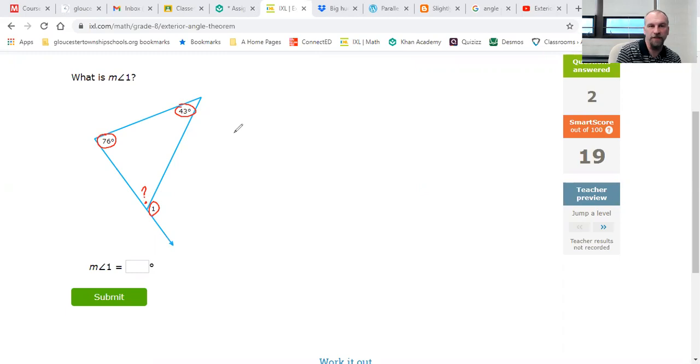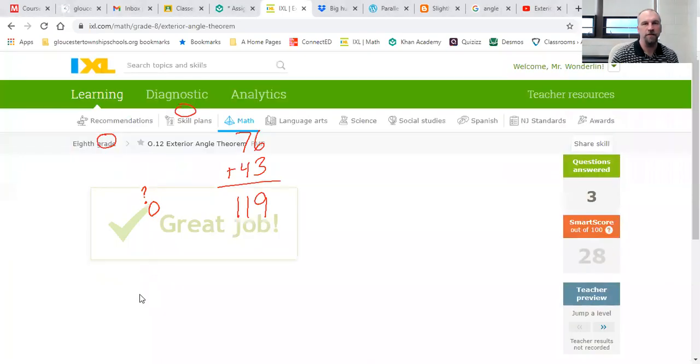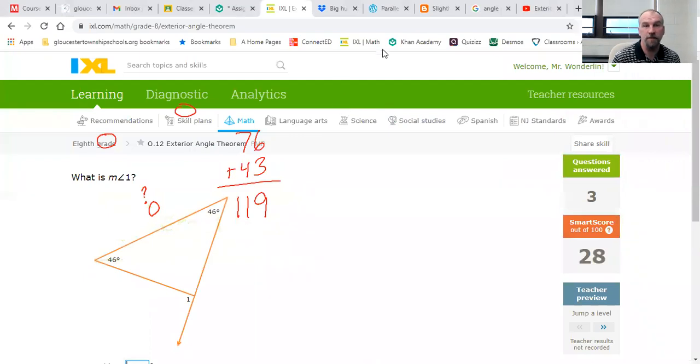So if I just add 76 and 43, that gives me 119 degrees. That should be the measure of angle 1. The two remote interior angles have a sum to equal their exterior angle on the opposite side. So I think that that means that angle 1 is 119 degrees. And it is.